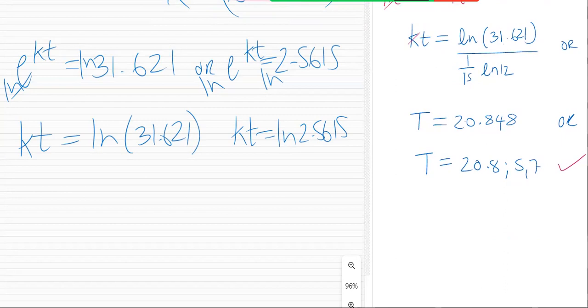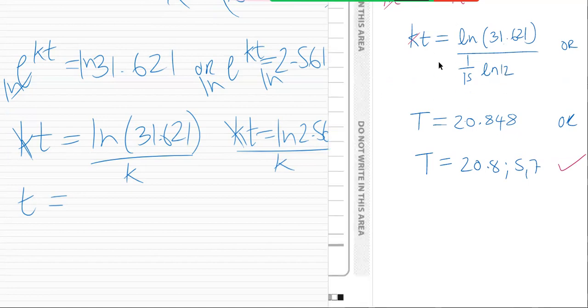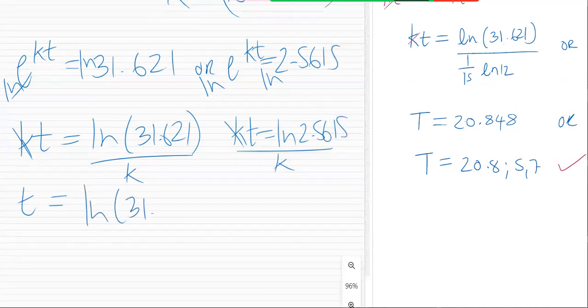Quick rearranging. So we just want t on its own. And again, we can sub in for k. So let's first get t on its own. So this over k, this is over k, so this cancels out, this cancels out. So if we sub in k equals 1/15 ln 12, you can see it on the right here, you can literally end up with ln 31.621 over 1/15 ln 12.